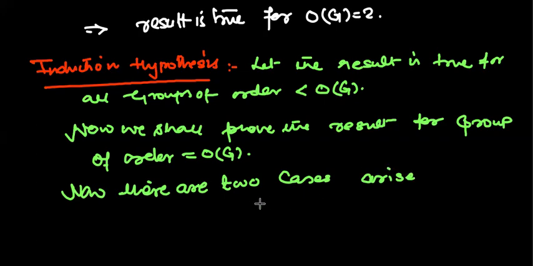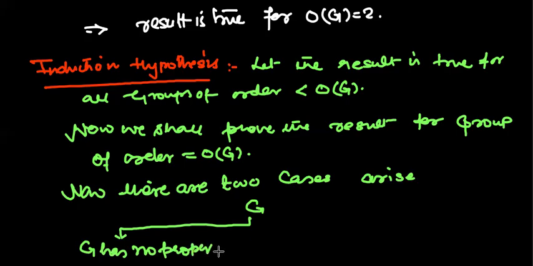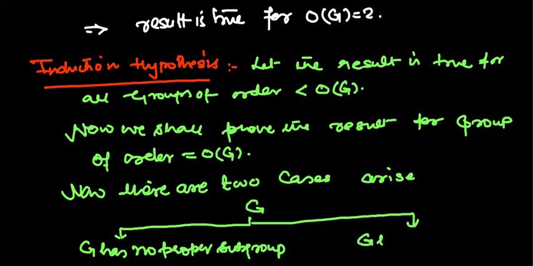Case one is G has no proper subgroup, or G has a proper subgroup. So these are the two cases which are going to come, because G can have a subgroup or G may not have any subgroup. So we'll take case one.